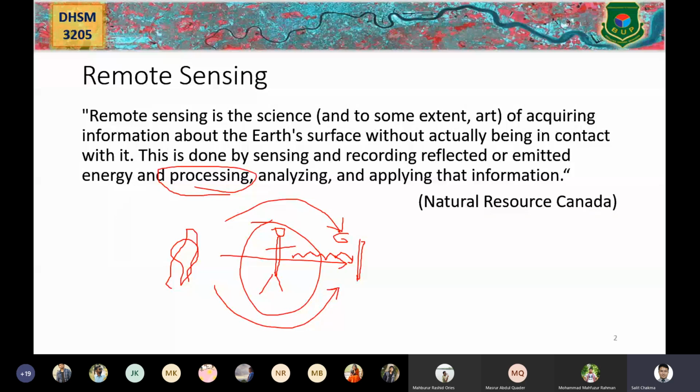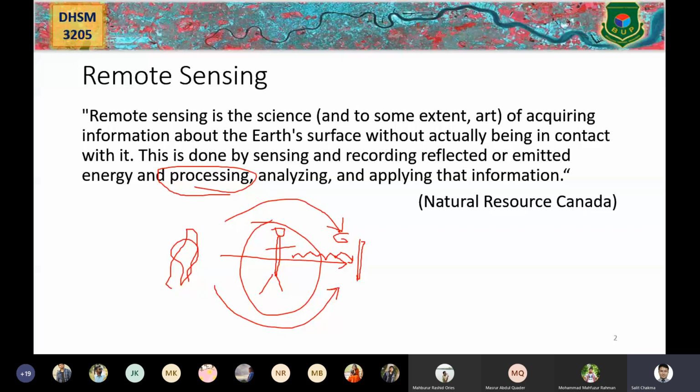In the conventional remote sensing, we always want to monitor the surface of Earth. The Earth's surface is our main concern. That is why this definition by Natural Resources Canada talks about the Earth's surface, not other surfaces. But sometimes we also observe other surfaces.